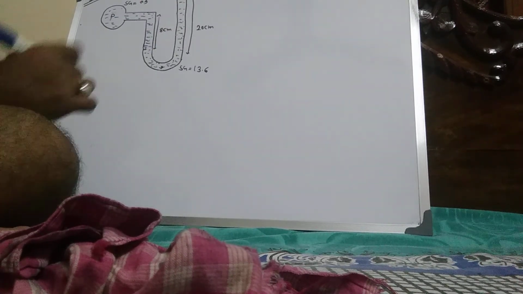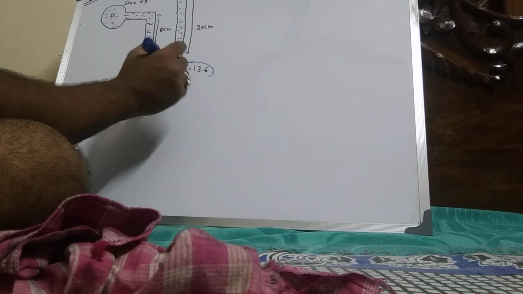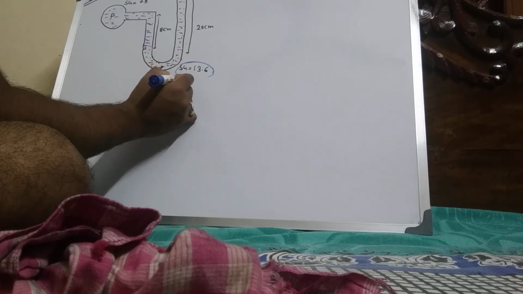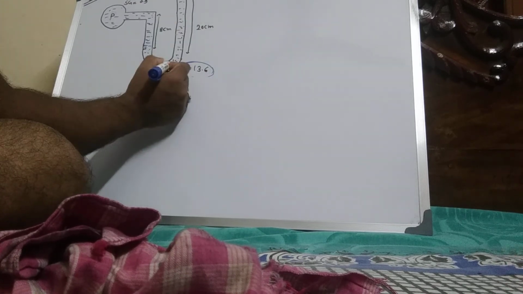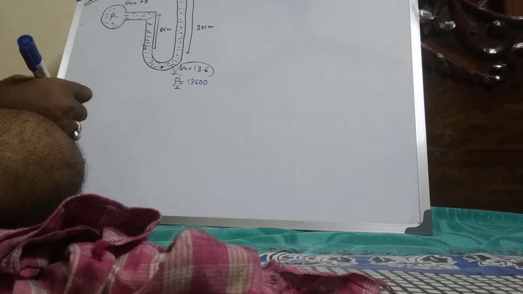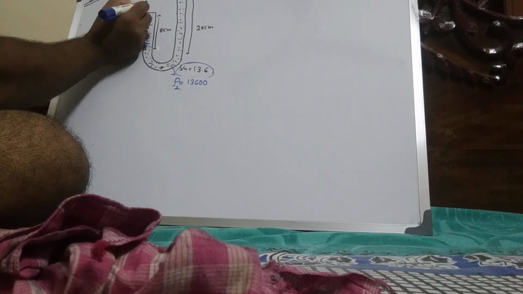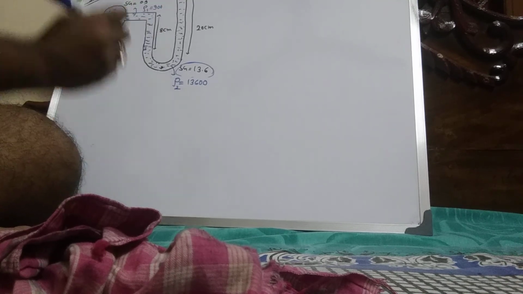first, I already said the lower level of the manometer is the manometric fluid, whose density is more. This is the specific gravity, so the density of this is rho 2, 13 into 1000, and this one is rho 1, whose density is 0.9 multiplied by 1000.